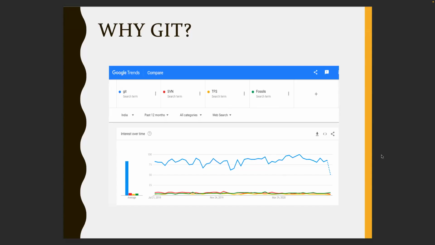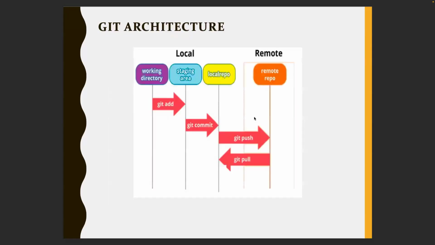The blue one stands for Git, which means Git is clearly the market leader. It is very widely used in this category, right? So if you learn Git, you have chances of getting into a project using it. Also, if you learn Git, you can work with other tools very easily. They follow the same analogy and similar concepts, right? So let's get into the Git architecture.